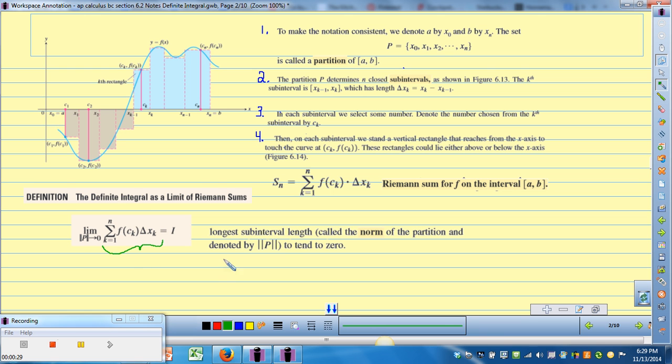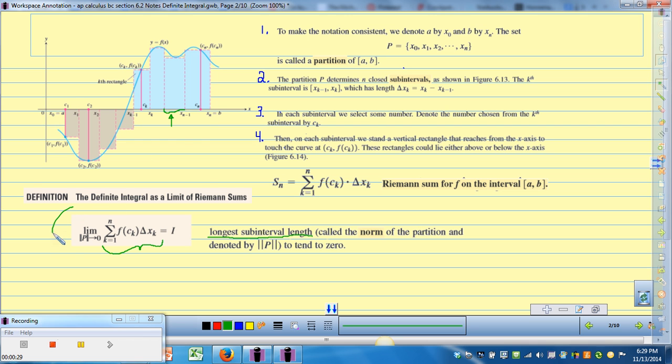And then if we let this P with the double lines around it, which is called the norm of the partition, and that is the longest subinterval length in the partition, if we let that length approach 0, well, that means that if the longest subinterval approaches 0, maybe it's that one, then that ensures that every other subinterval in the partition would also approach 0.